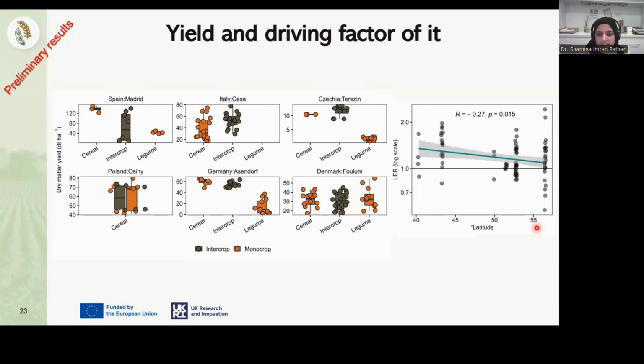When there is a little bit colder environment, it doesn't have a negative impact, but rather a neutral impact. So even if you do the intercropping, it will not have a strong positive impact on yield, but somehow it can impact your soil fertility.